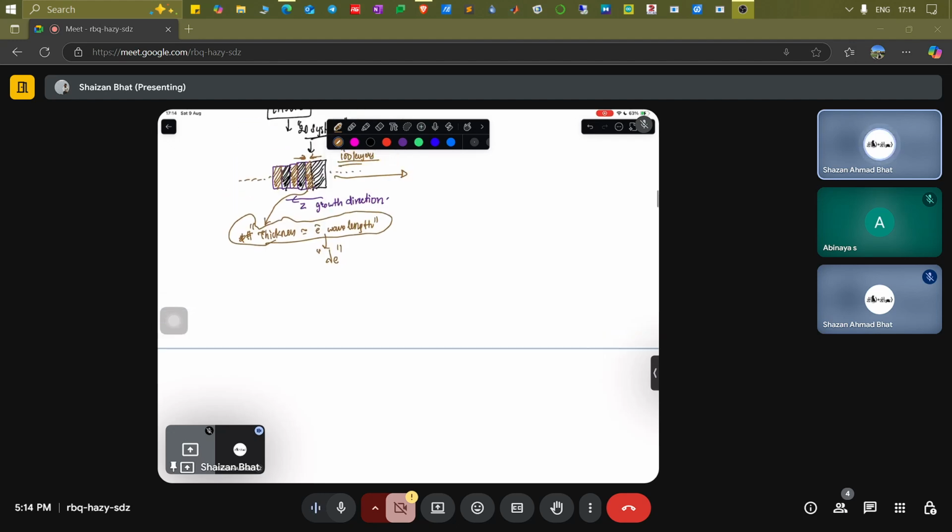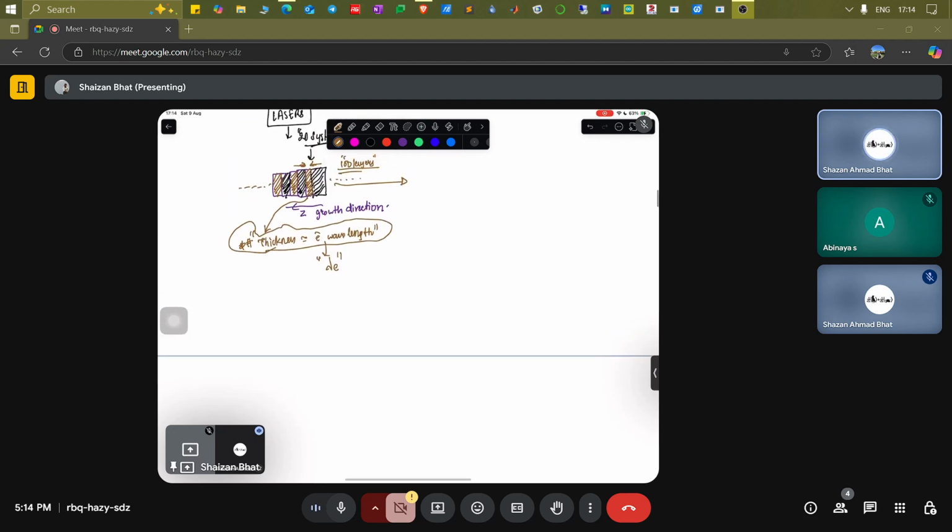So that means if you draw the energy band diagram of these particular layers, they look something like this, and these go on depending upon how many layers. Similarly for the valence band, these may look something like this, and these go on depending upon the number of layers. So this is the valence band, this is the conduction band of the different layers.